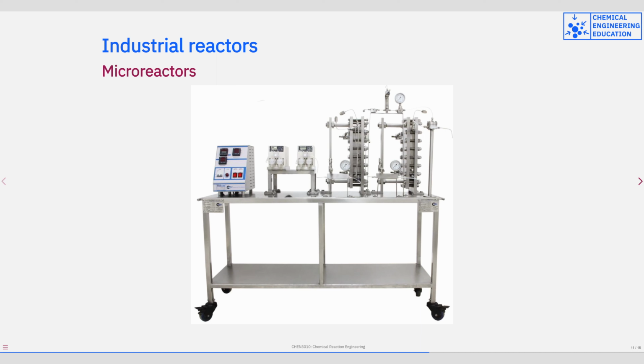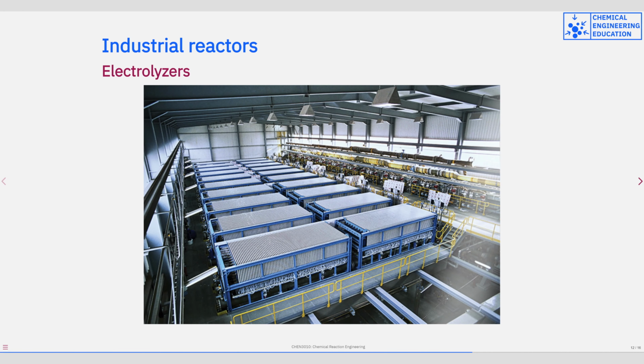Microreactors are small-scale continuous flow reactors that allow precise control of reaction conditions. They are used for rapid testing of chemical reactions and process optimization, and are becoming increasingly important in pharmaceuticals, fine chemicals, and research and development due to their efficiency and scalability. Industrial electrolyzers are specialized reactors used for electrochemical processes such as hydrogen production via electrolysis.